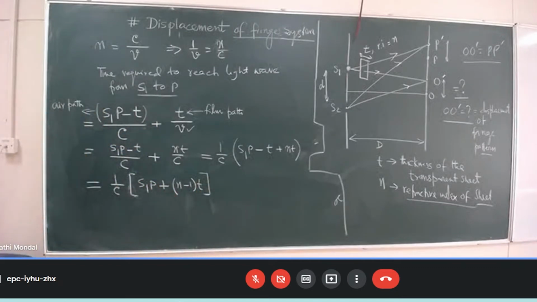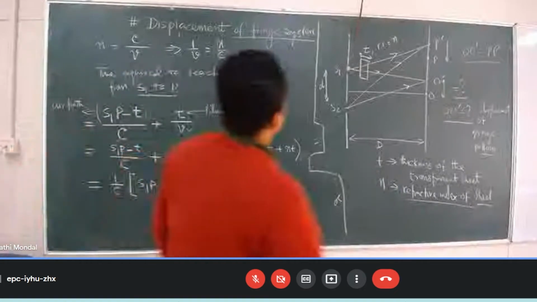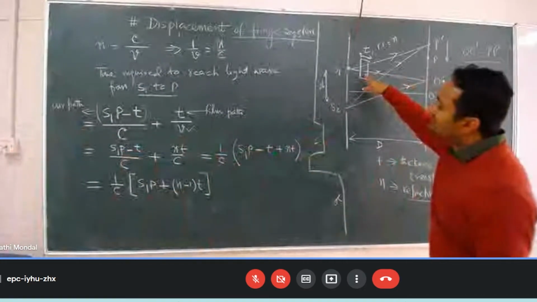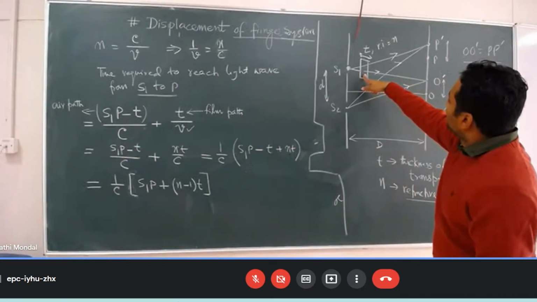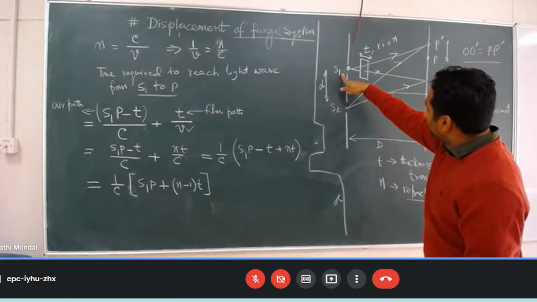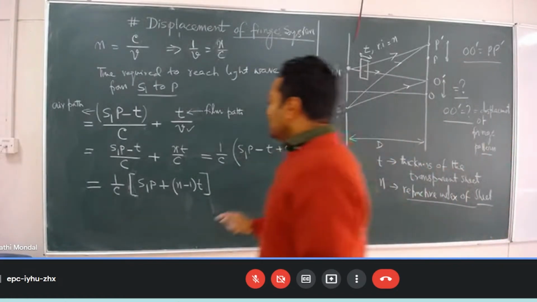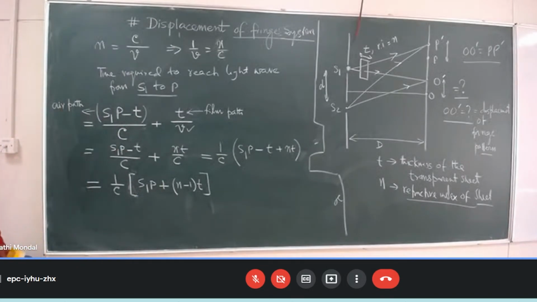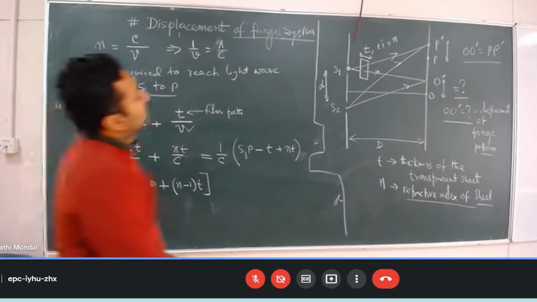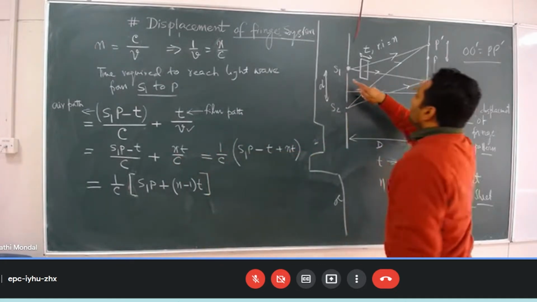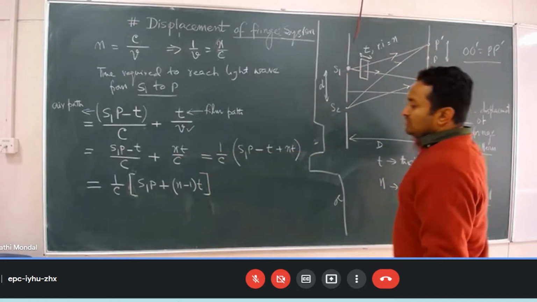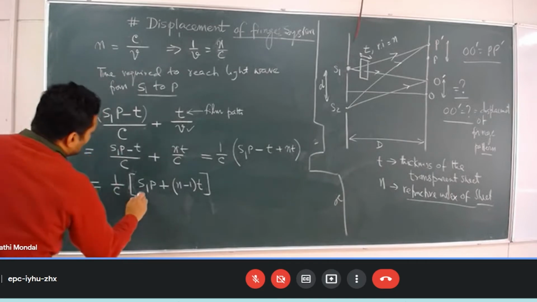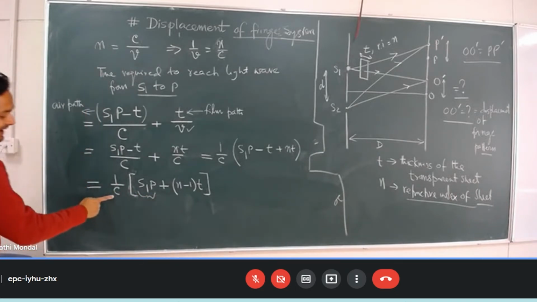So now you see, before inserting the thin film near the S1 source, what will be the time for the light to reach from S1 to P? The geometrical distance was S1P, and it was all air.